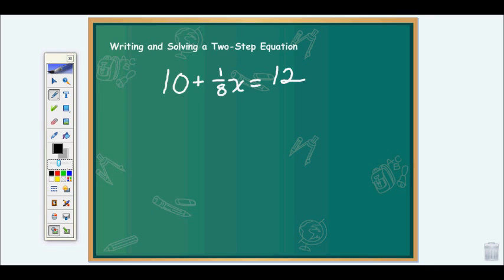Now we're going to solve like we would any algebra. Let's get our constant terms together. So I'm going to subtract 10 from both sides.